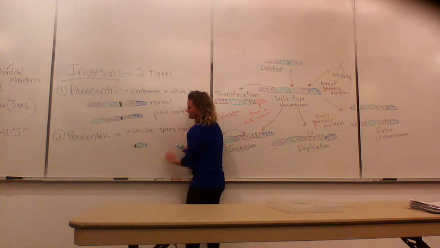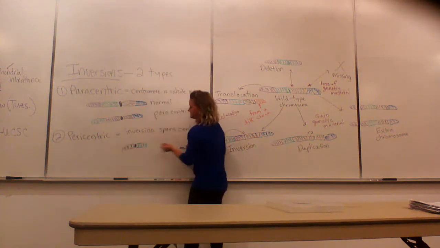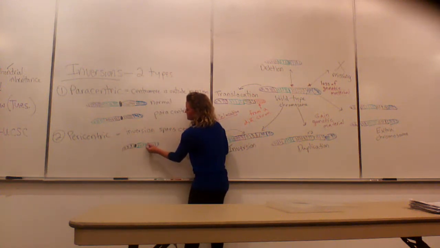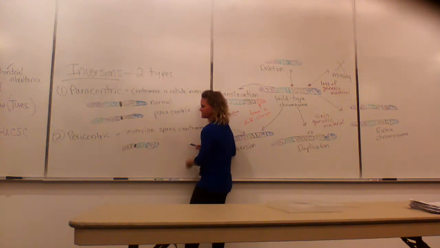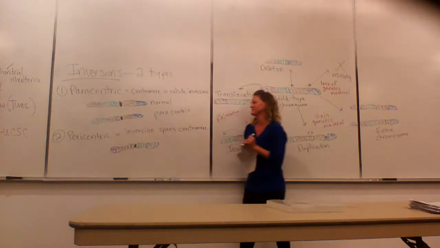Right, so in this case the green and the black segments are flipped to each other. I think my chromosomes are degrading as we go along. It's all wibbly wobbly.